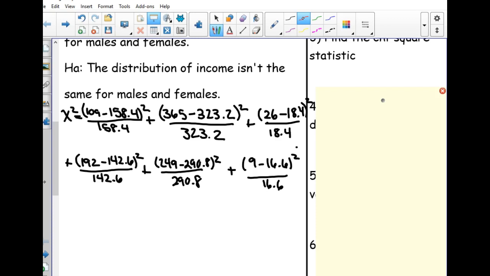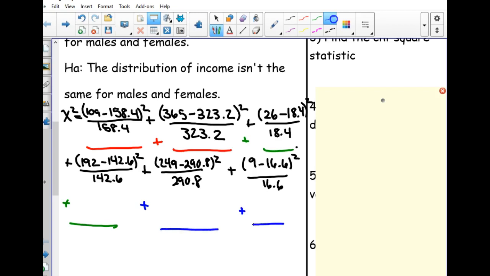Let's get Sarah M. Can you get these 2 red ones for me? Okay. Let's get James. Can you get the 2 green ones for me? And then blue. Janai, can you get the blue ones for me? Do you have a calculator, Janai?